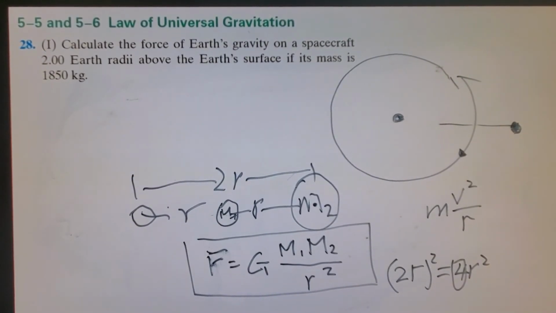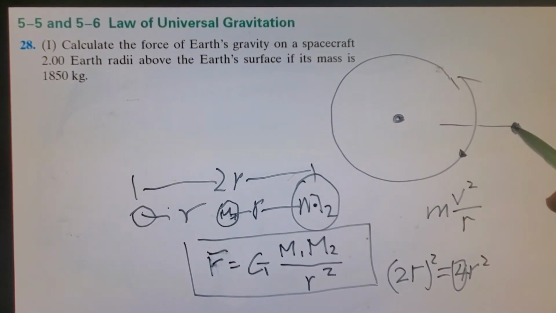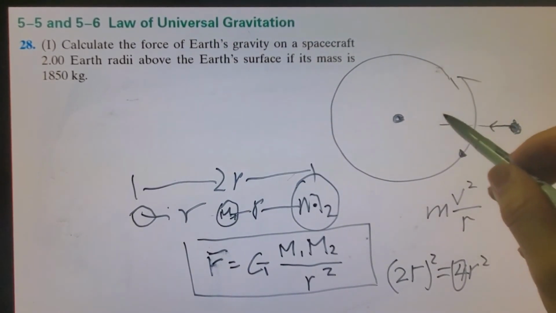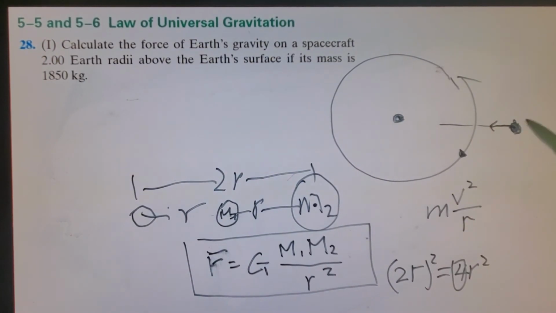If the satellite doesn't run with any power, it's going to get a little bit closer, a few inches closer to the Earth every day. That's why each satellite should have solar power or some type of power to increase the speed a little bit once in a while to keep it running on the same orbit.